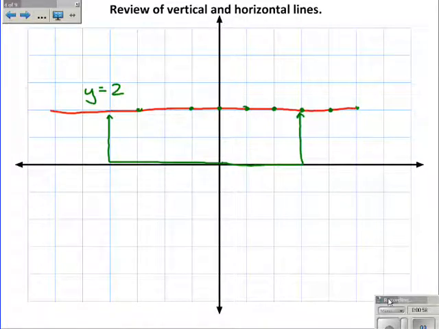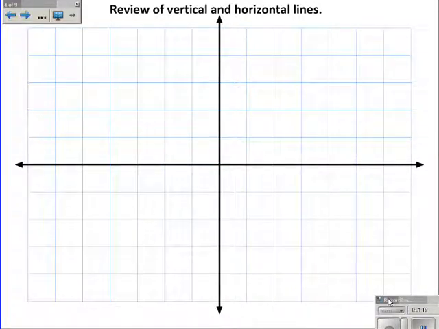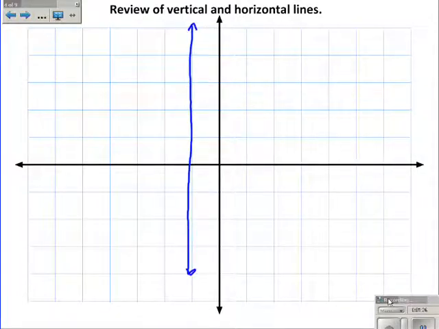Okay. Similarly, if we're down here, for example, again the y value is always the same, and that y value is negative 3. So the equation of this line is y equals negative 3. Okay. Now you may guess that lines that are vertical then, like this one, the x values now are always the same. The x values are always negative 1.